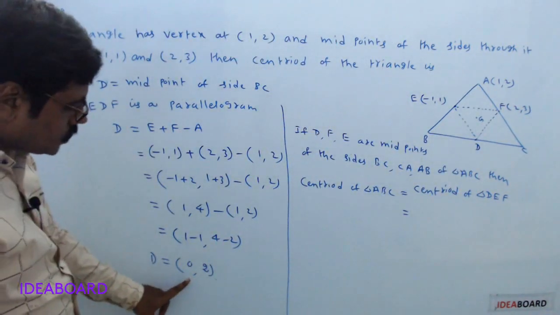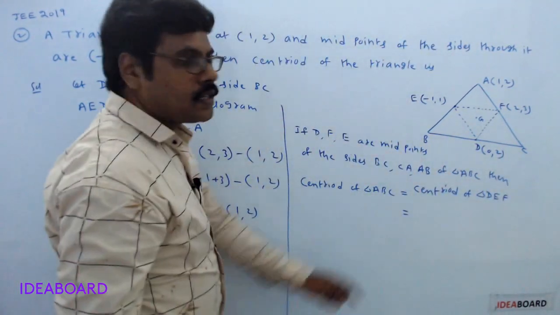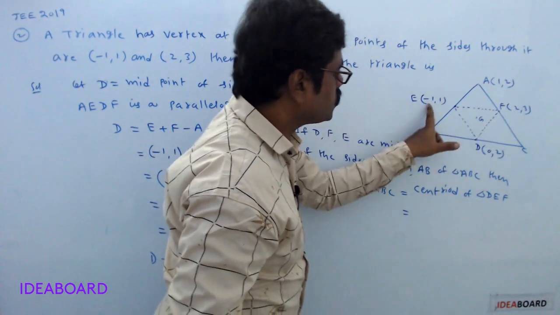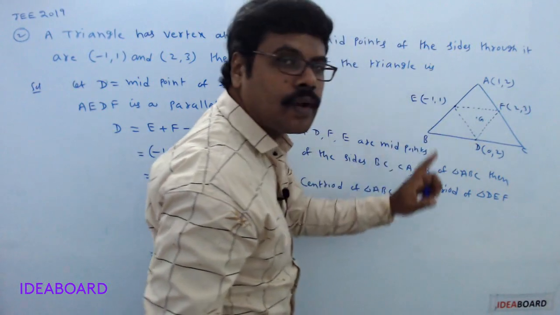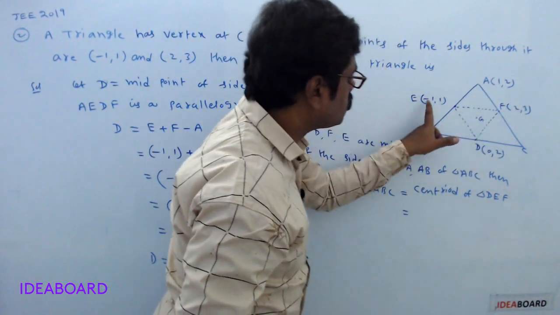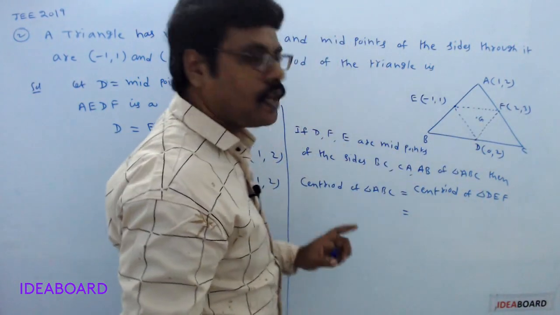Now what are the coordinates of D? (0, 2). Now what is the formula for centroid? ((x1 + x2 + x3)/3, (y1 + y2 + y3)/3). In general, the sum of x coordinates divided by 3, and the sum of y coordinates divided by 3.